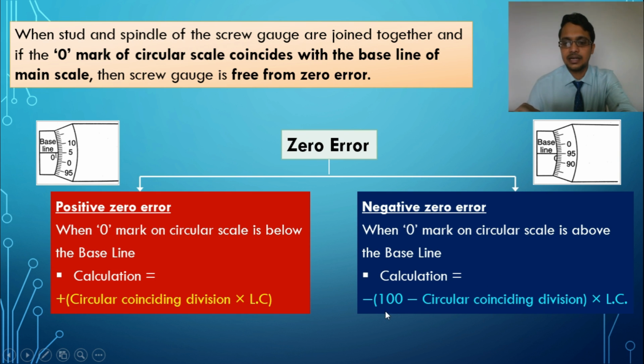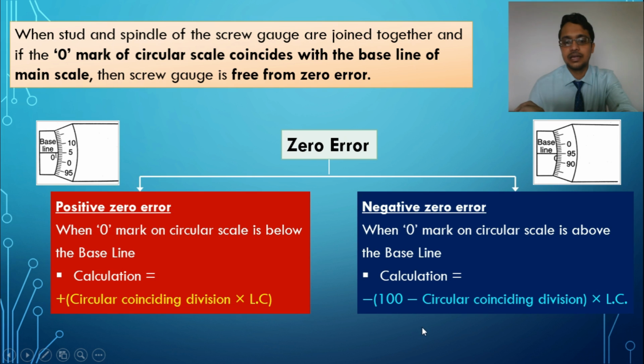We will subtract the circular coinciding division from 100. 100 is the total number of circular divisions, not coinciding ones. That means any one mark on the circular scale will be in the same line with the baseline. That number will be subtracted from 100, into least count, that is 0.001 centimeter.